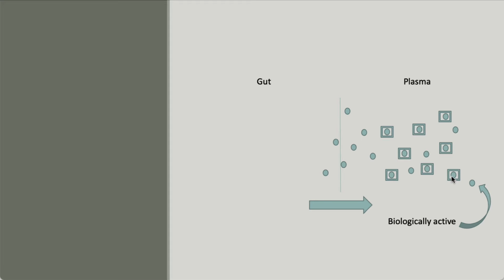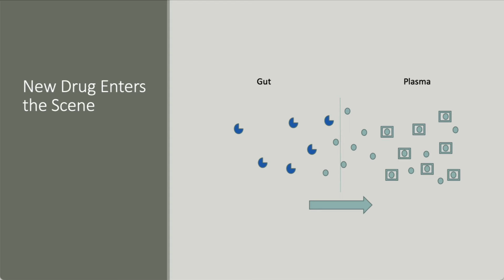All the rest of this stuff is inert, right? The stuff that's attached to the plasma proteins is inert. That's warfarin. Now we're going to add an antibiotic, and this antibiotic is also highly protein bound. In fact, it may have a higher affinity for the plasma protein than Coumadin did.